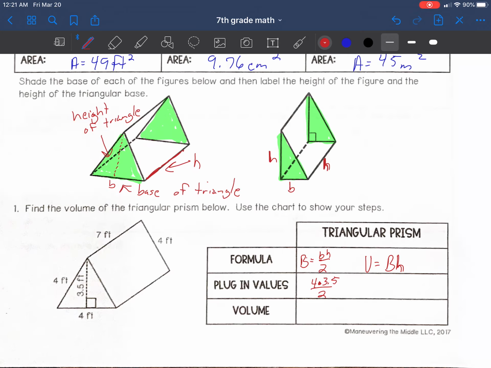When we do that, we get this capital B ends up being 7. So then we look for the distance between my triangles. That's my height. So 7 times 7. So my volume is equal to 49 feet cubed.